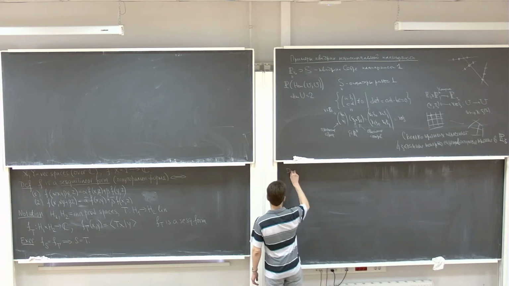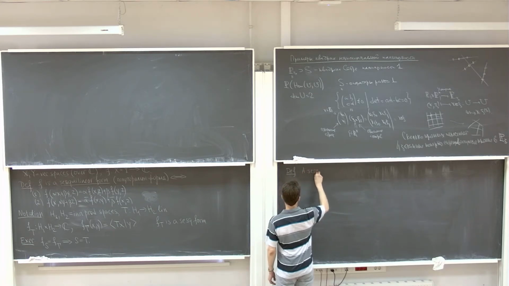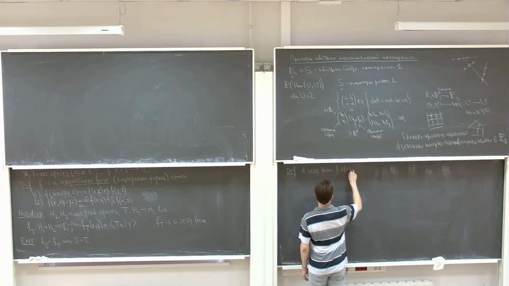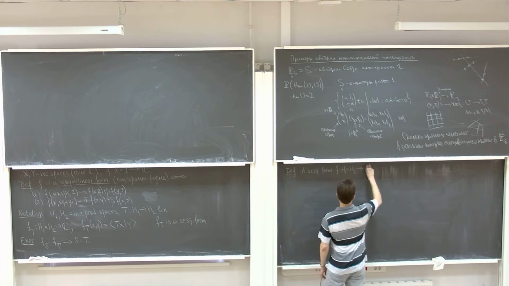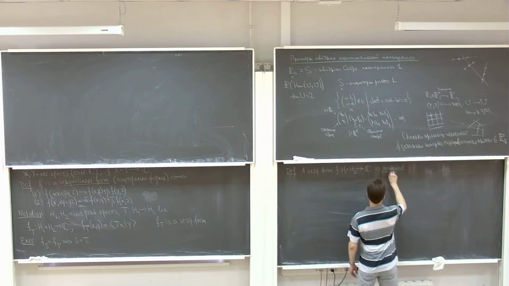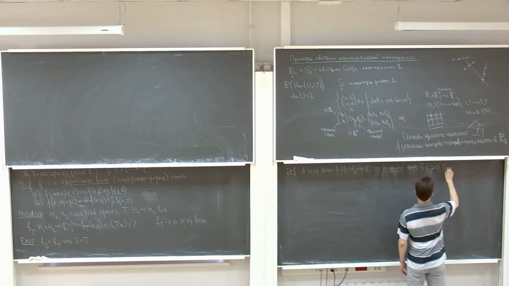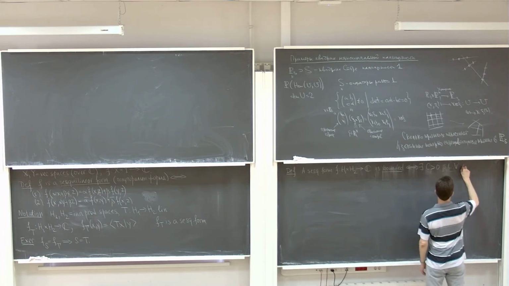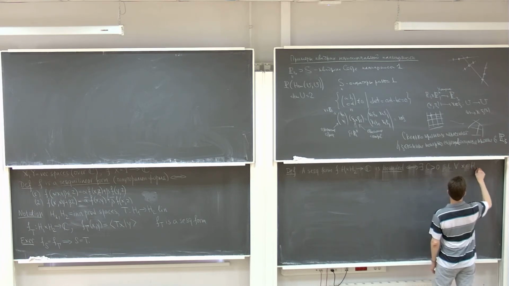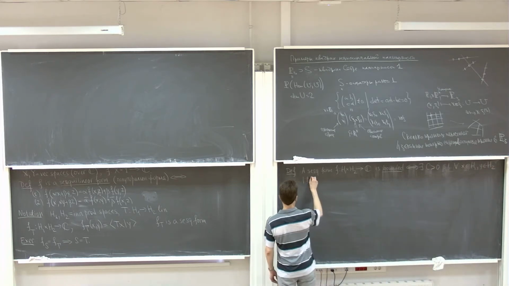So let's give the following definition. Suppose that we have a sesquilinear form F on the product of H1 and H2. Then we say that F is bounded if there exists a non-negative constant C such that for each pair of vectors x in H1, y in H2, the following inequality holds.